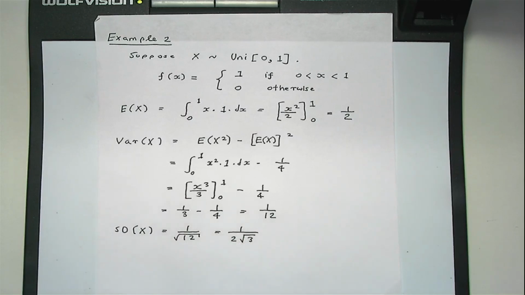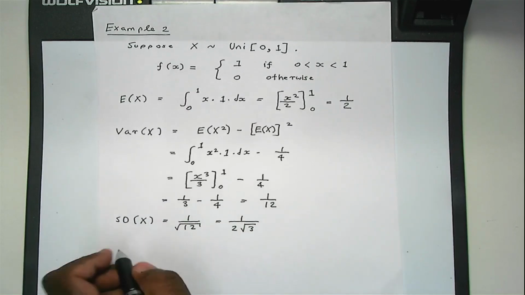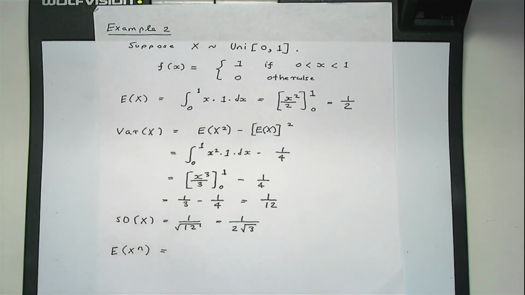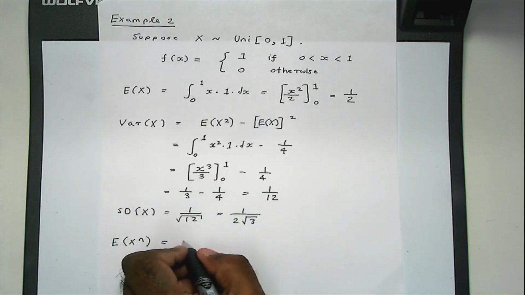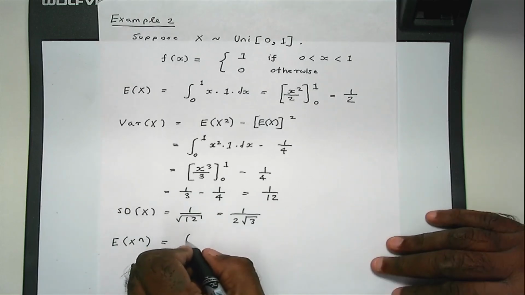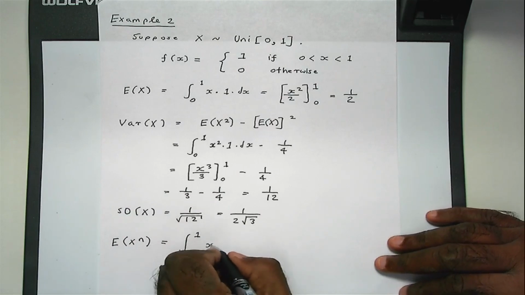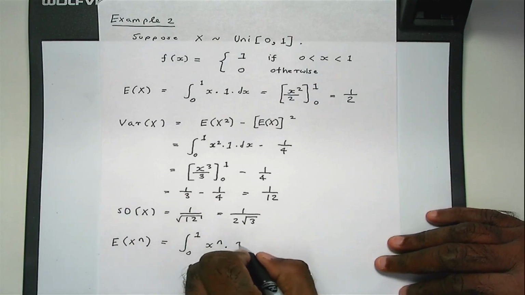And finally, the expected value of x to the n, or the nth population mean, is the integral from 0 to 1 of x to the power n. Okay?